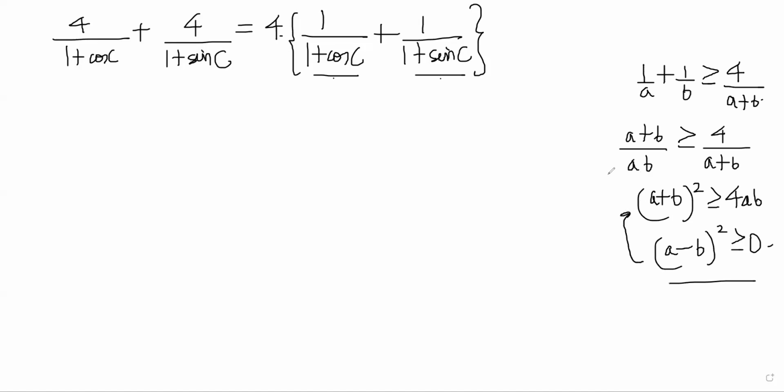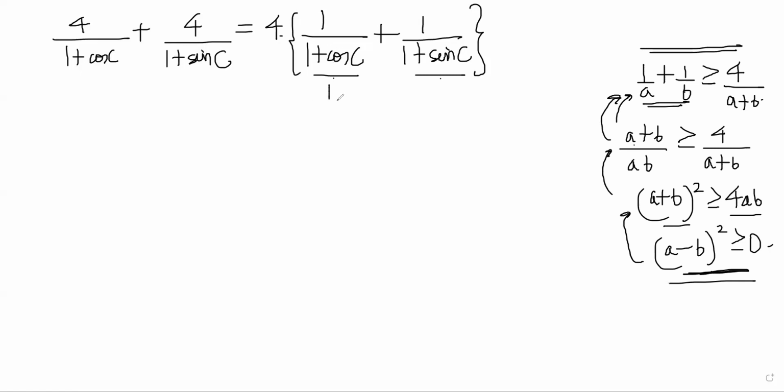See, these steps are all correct, right? We can start from here. (a minus b) whole square is greater than or equal to 0. That implies (a plus b) whole square is greater than or equal to 4ab. And then take a plus b here and 1 by (a plus b) here and ab down here, right? Then you will end up with 1 by a plus 1 by b is greater than or equal to 4 by a plus b, right?